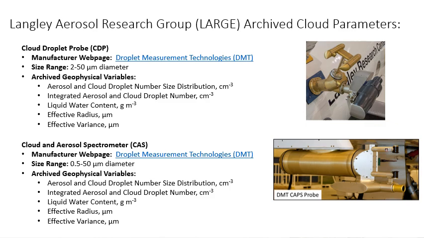One thing to think about when you're looking at these two probes is that the CDP has the open path that's shown in that top figure, whereas the CAS, the lower part of the bottom figure, has a shroud, and so the shroud may create artifacts, particularly in liquid clouds, that may result in droplet shatter. And so when we're using these two different probes, we want to be aware of the differences regarding how that measurement is made. And if there was a discrepancy, as we'll discuss on the next slide, we tend to favor the CDP for being more reliable for cloud droplet measurements.